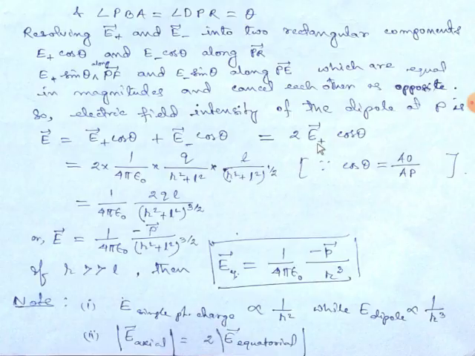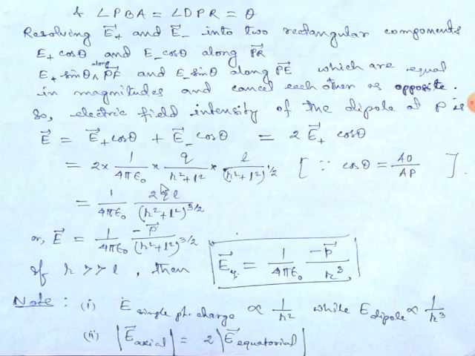As the two are of the same magnitude, you can take it only in magnitude. These two are of the same magnitude and along the same direction, along PR, so it will be equal to this. So twice qL is what?